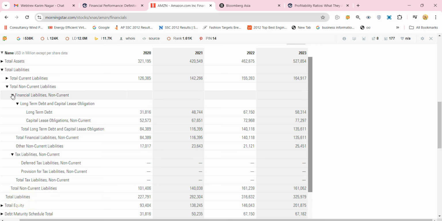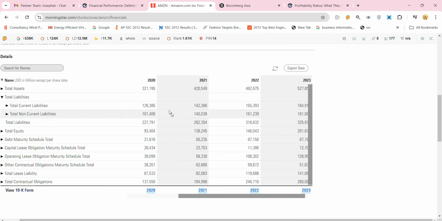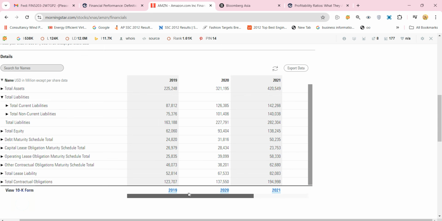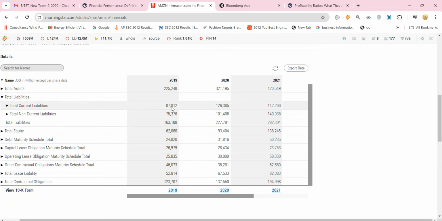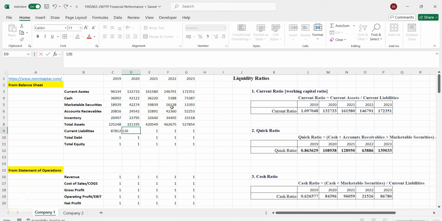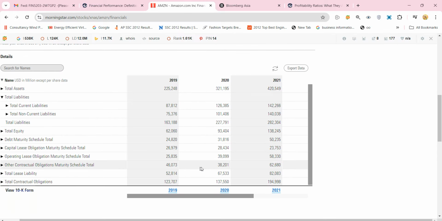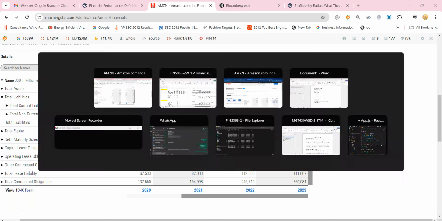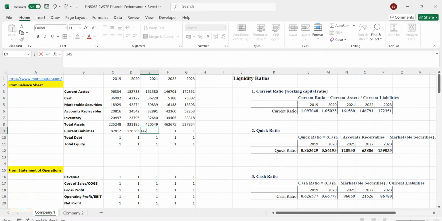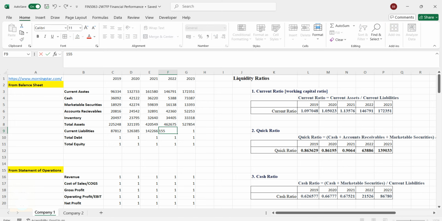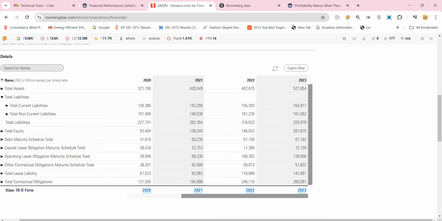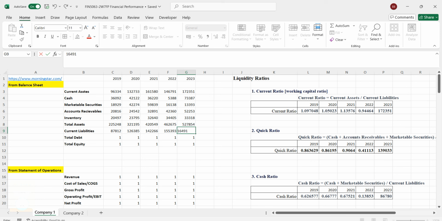Let me close the remaining, and add 87812, 126385, 142266, 155393, and the last value, 164917.